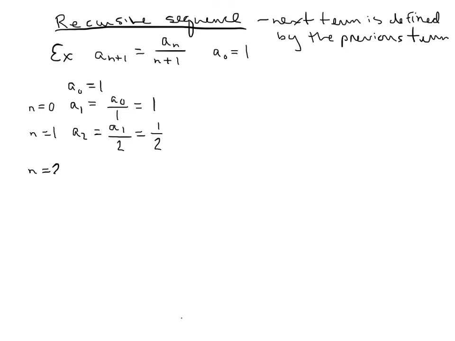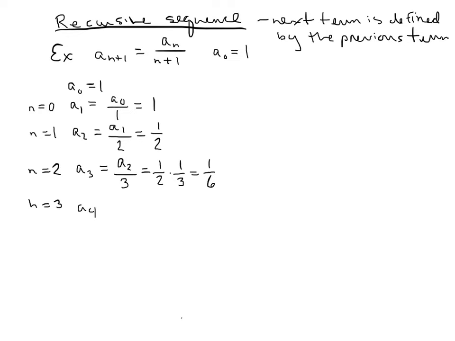When n is equal to 2, I'm going to plug 2 into all of these n's. So I get a sub 3, because 2 plus 1 is 3. A sub 2 divided by 2 plus 1, that's 3. A sub 2 was 1/2 times 1/3, so a sub 3 is 1/6. Let's do one more. n equals 3.